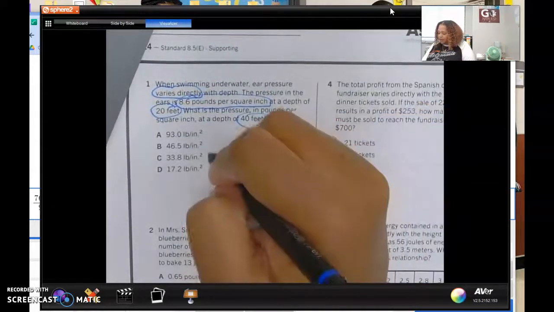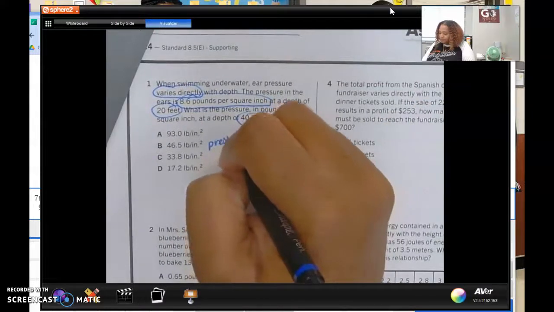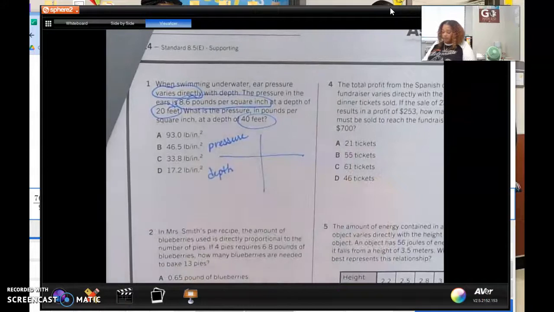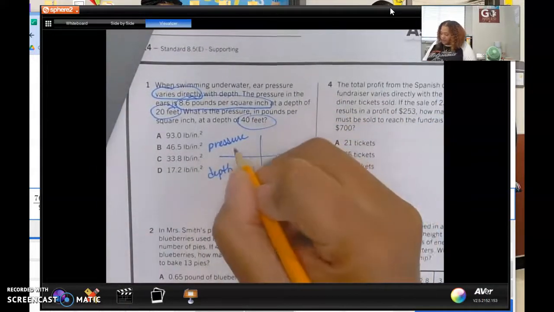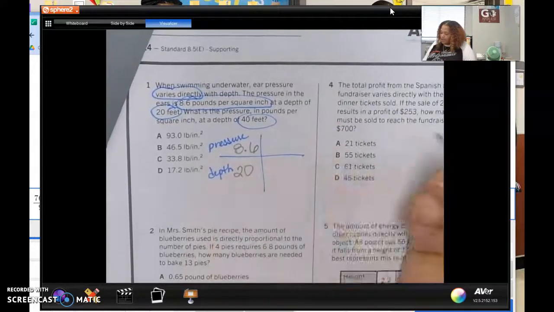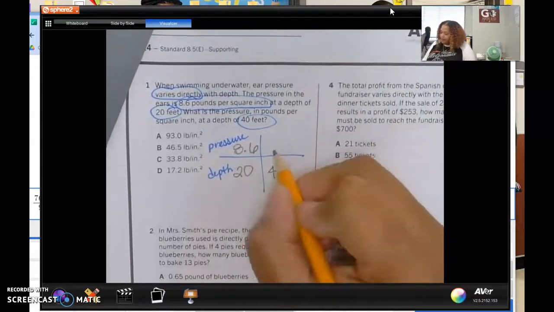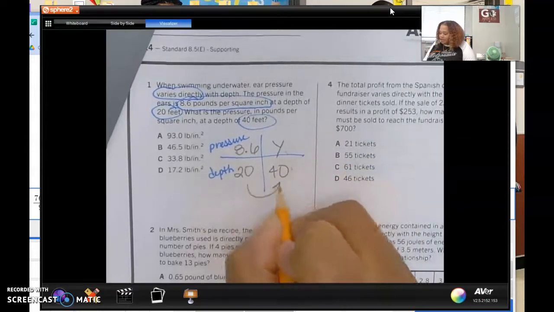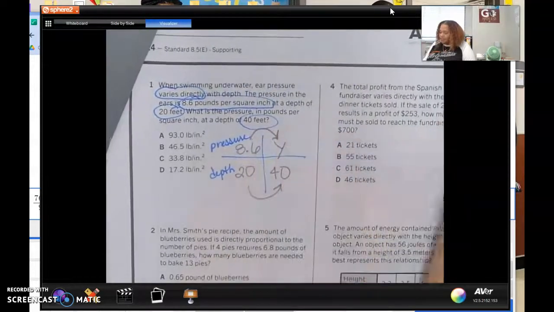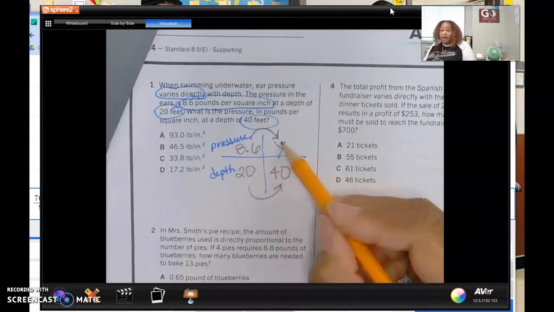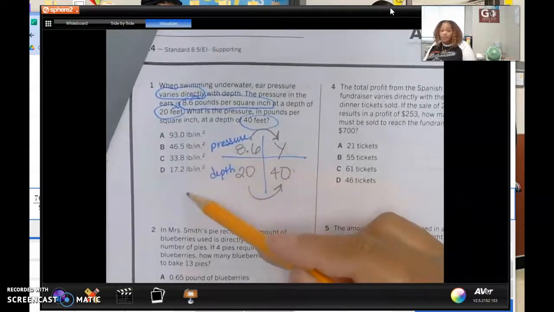So I've got pressure and I have depth. So I've got 8.6 at 20 feet, and then I've got y at 40 feet, because y always goes over x. How do you get from 20 to 40? You do the same thing up top. Then you will get one of your answers over here.